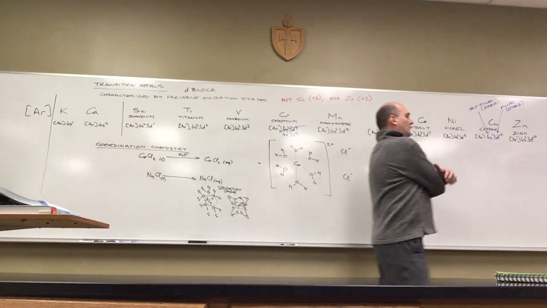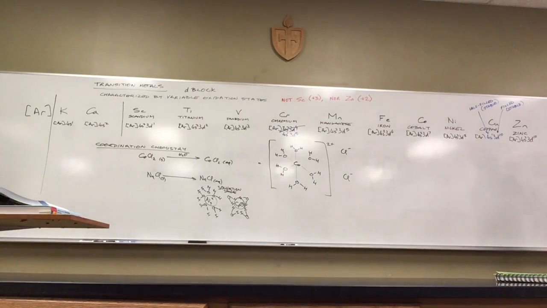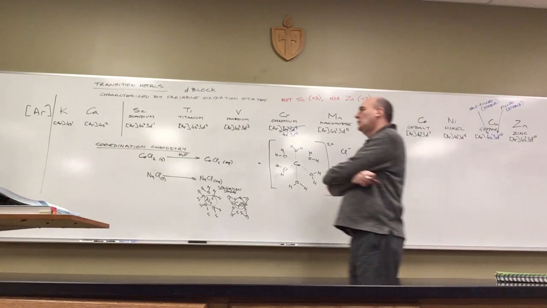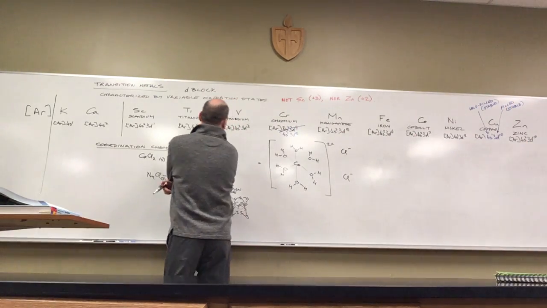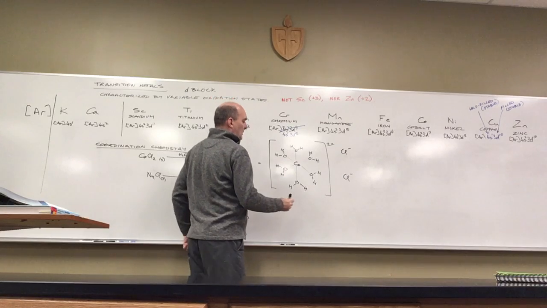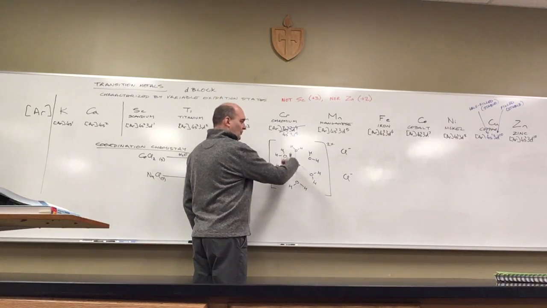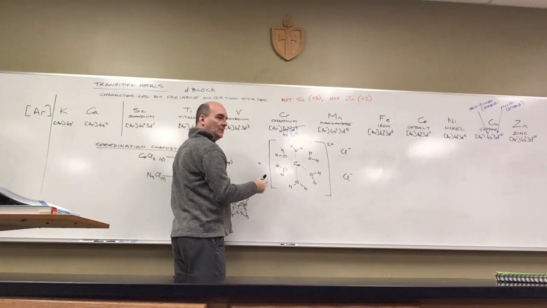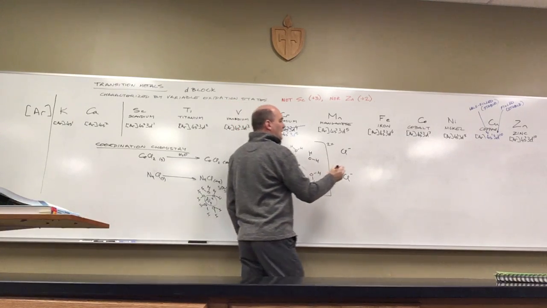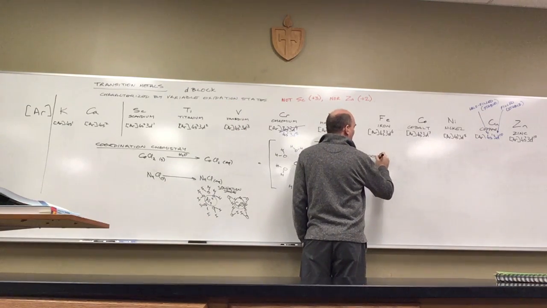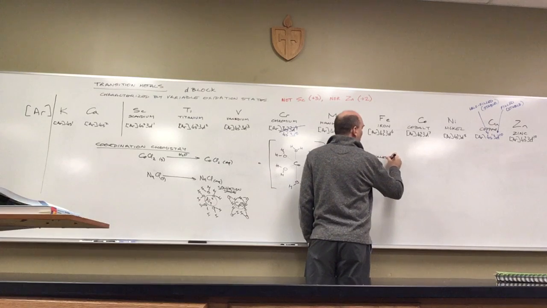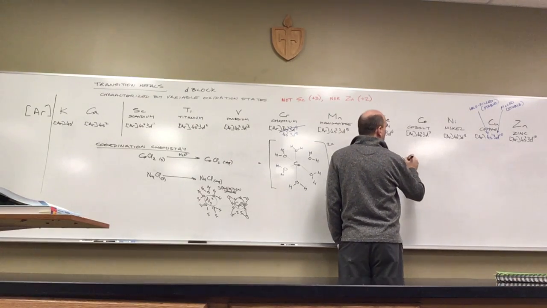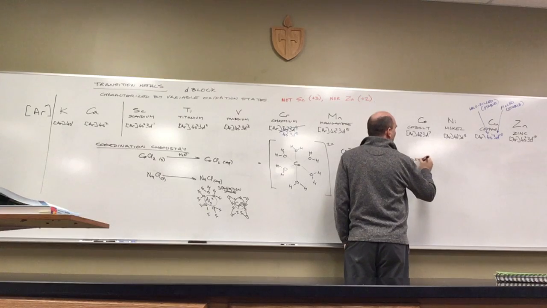But the solvation of the transition metal ion is more than spherical. It's geometric. What geometry is that? It's octahedral. This is an octahedral complex ion.